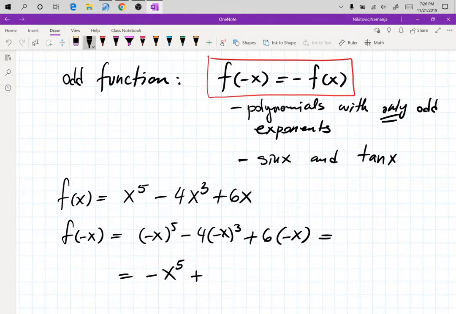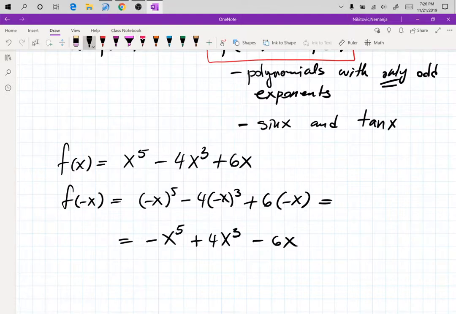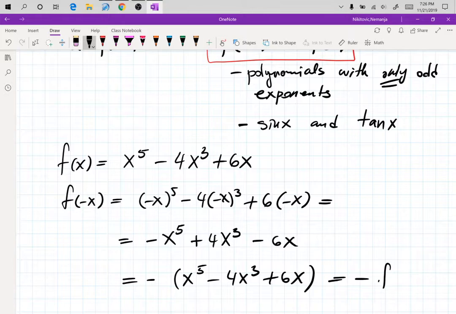Minus and minus will give you a plus 4x cubed. And then plus and minus will give you minus 6x. And now, when you factor out the negative sign, you are left with x to the 5 minus 4x cubed plus 6x, which was the original function, meaning there is negative f of x. So you got through this calculation that f of negative x is equal to negative f of x, and this is good enough proof for us to say that this function is odd.